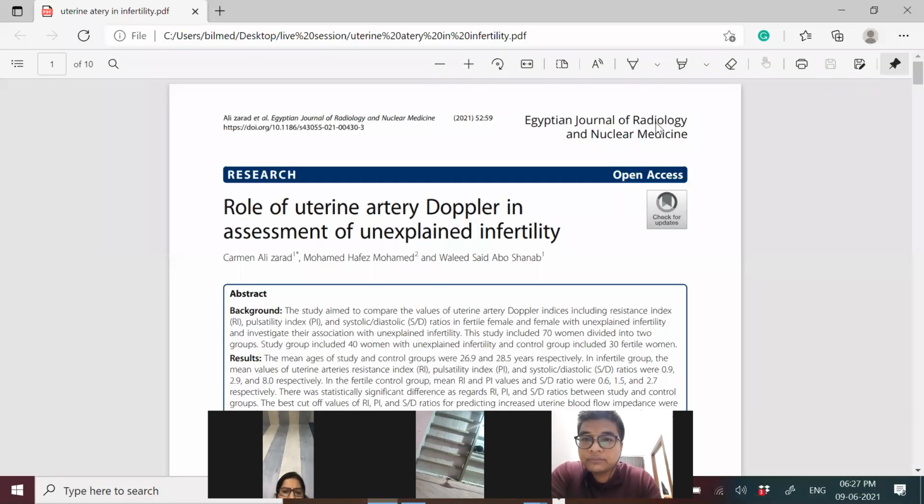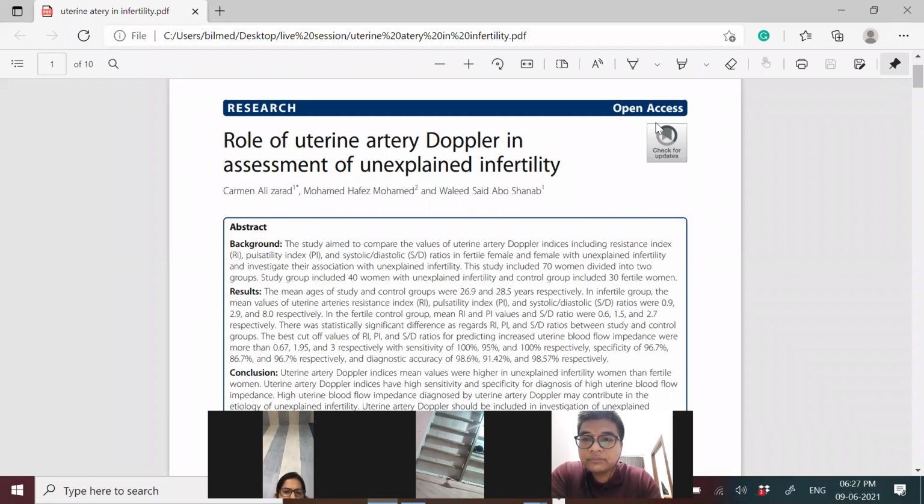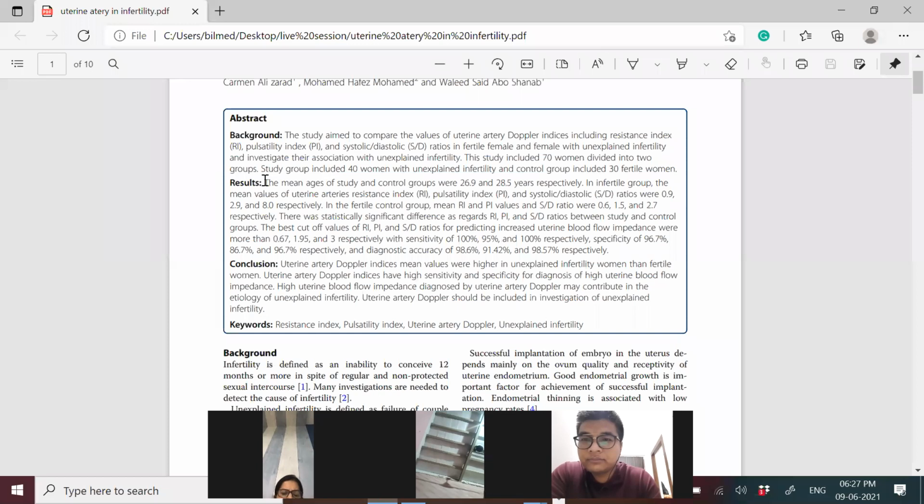Now this is another study. I can send you the PDF of this study, role of the Doppler in unexplained infertility. Again, the result is showing that the high pulsatile index, which simply means that the systole upon diastolic ratio is increased, which Dr. Joseph has given us the maths, simple maths. What is this PI?